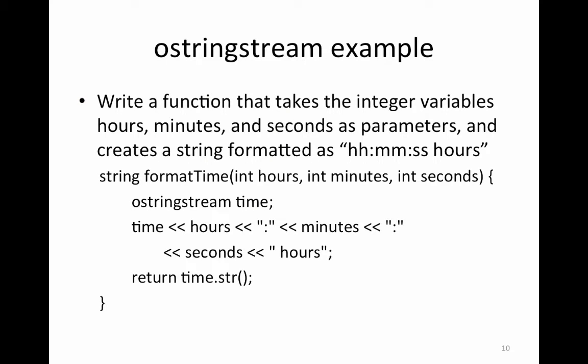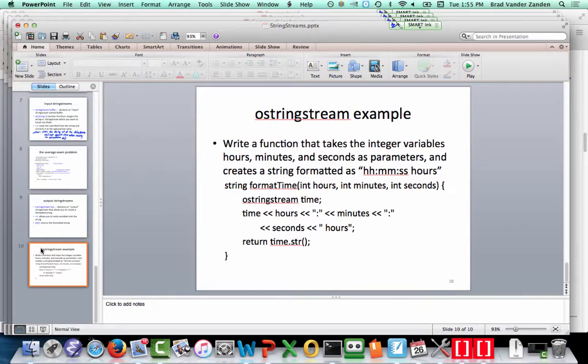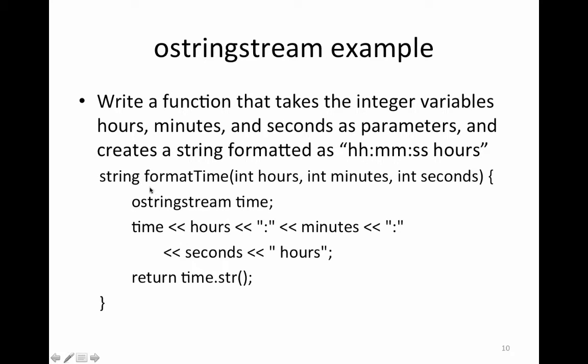We got one more slide, and I still got one more minute. So here's one that's creating a formatted string for time. I want to create time in the format hour, colon, minute, colon, seconds, and then space hours.